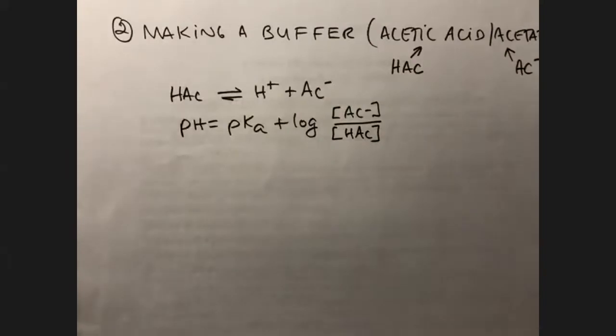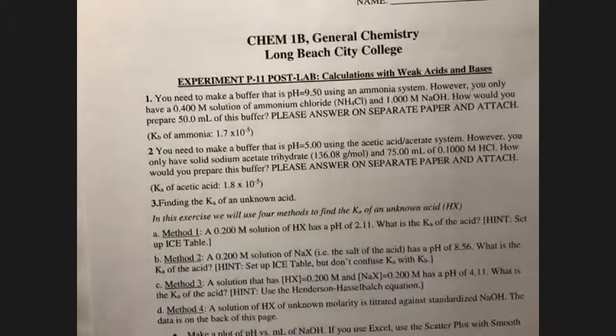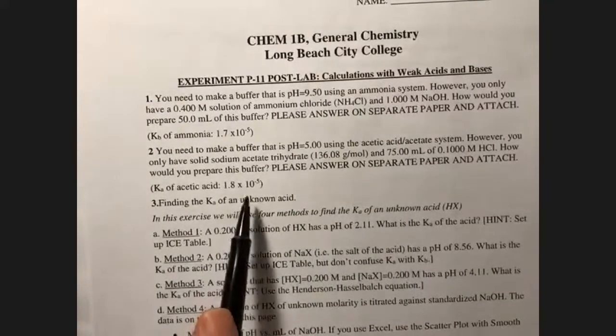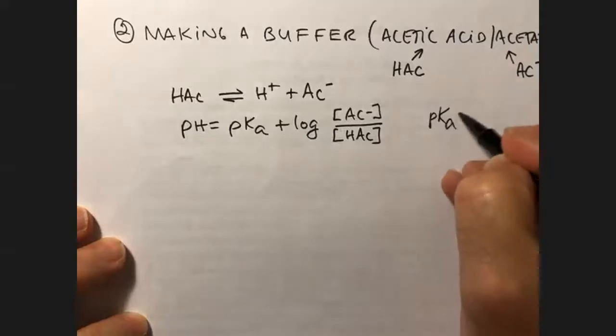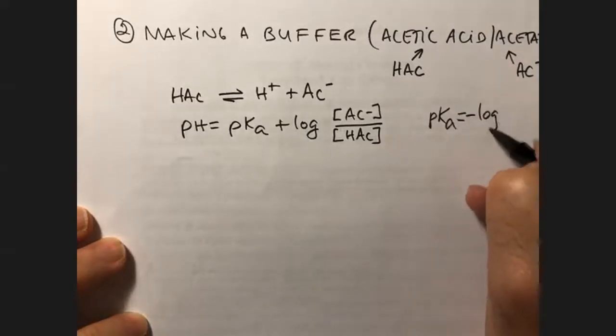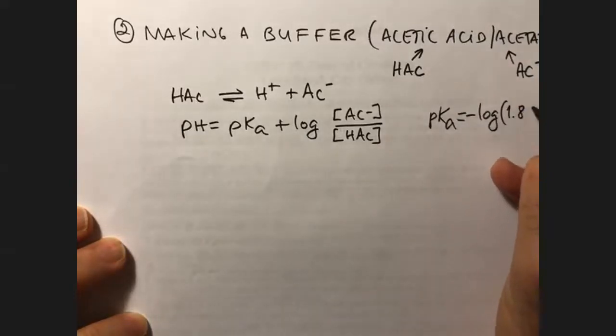They give us the Ka of acetic acid, correct? It's in their problem here. It's 1.8 times 10 to the negative 5. So that means that the pKa is minus the log of 1.8 times 10 to the minus 5.